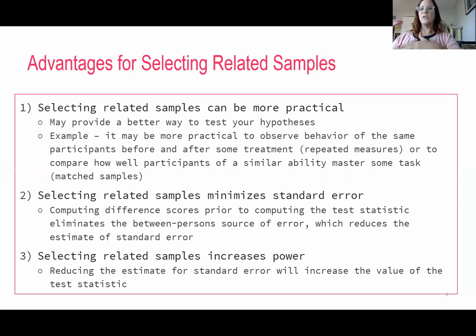And so, as you know, our goal is to reach 30 because we know that samples become normally distributed as we hit 30 or greater. So that's a little bit more practical as far as being able to get that many people.